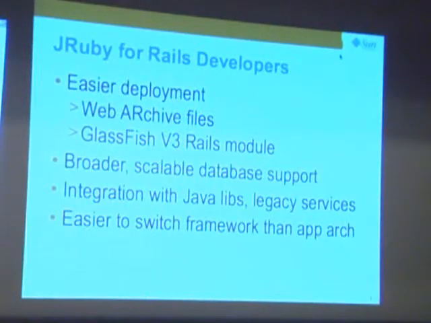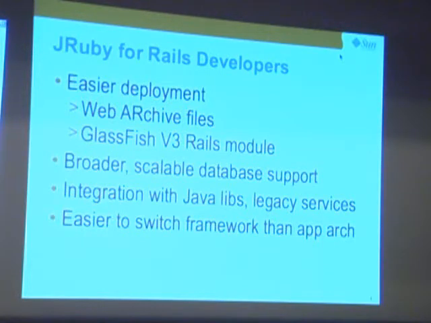Okay, so the other half of this is JRuby for Rails developers. Now, one major reason why JRuby is nice for Rails developers is deployment. We can deploy Rails apps as normal Java web applications in any application server, although we really like Glassfish. It's a very nice server.